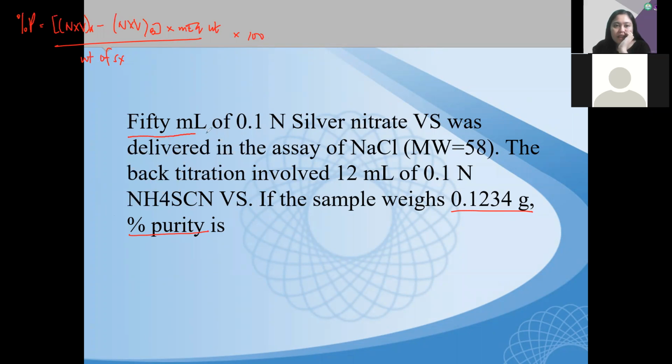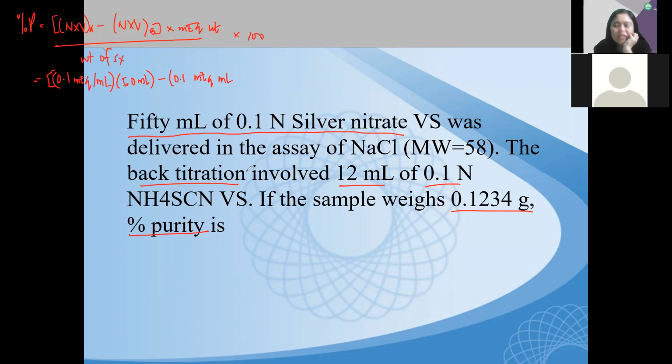We are looking for the percent purity, and thus yung nasa taas will be the first and the second titrant. So this is the first titrant here, 50 ml of the 0.1 normal silver nitrate. And ano yung kanyang normality? 0.1. So this is 0.1 MEQ per ml times the volume, 50 ml, minus the second titrant is 12 ml and still 0.1 MEQ per ml.